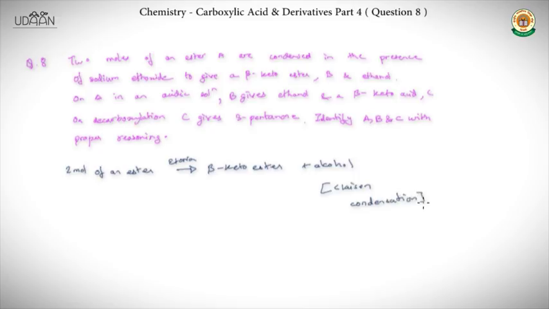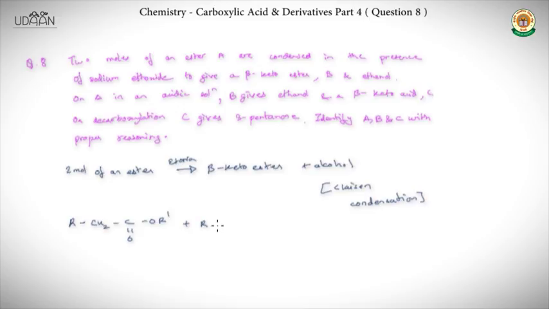Now let us give the reaction, assuming R and R dash. We get RCH2 C double bond O OR dash. This is what our ester is.